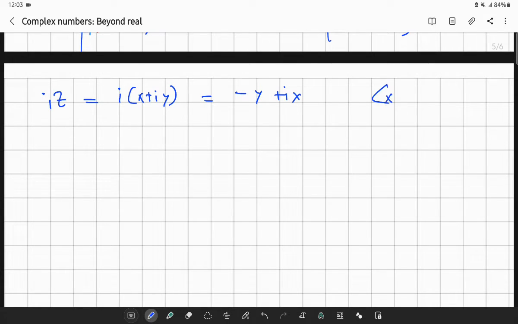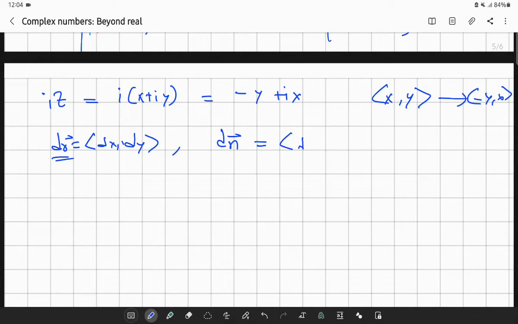So I'm taking x, y to minus y, x. Now, if you remember our lecture on vector calculus, we said that dr was equal to dx dy, this is the tangent to the line, and if you want to take the normal dn, you did minus dy dx, if you remember this. So this is like rotating a vector by 90 degrees.